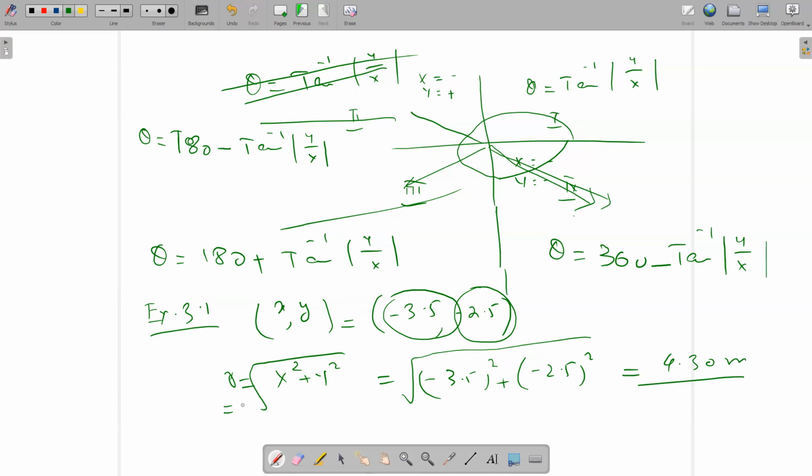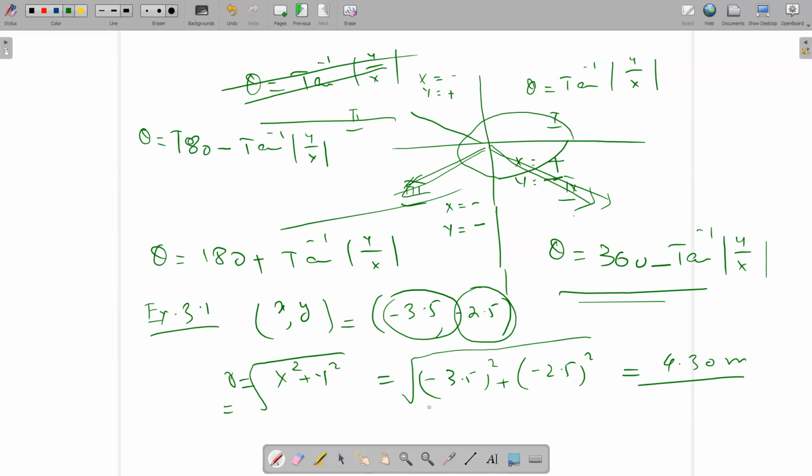If you want to find the theta value, you can see that both x and y are negative. It means our answer should be, sorry, not 360 minus, it should be in the third quadrant, because here x is negative and y is negative.